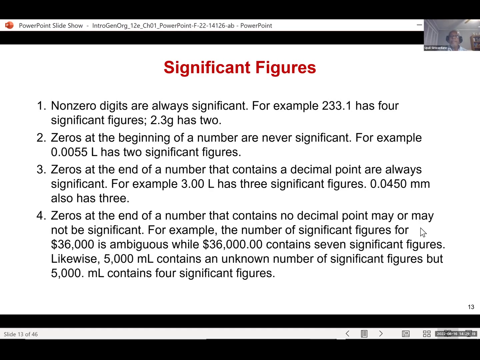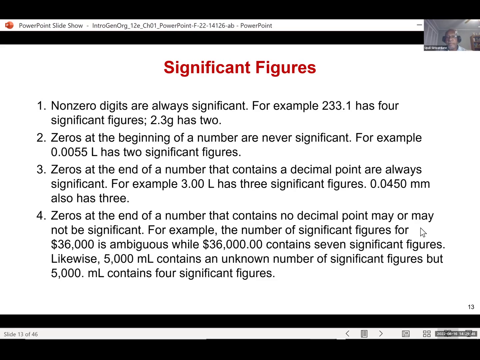If you write it that way, it only has 2 significant digits. The uncertain digit is the 6 in 36,000. Now 36,000.00 has 2 decimal places, so all zeros are significant, since zeros appear after the decimal place.